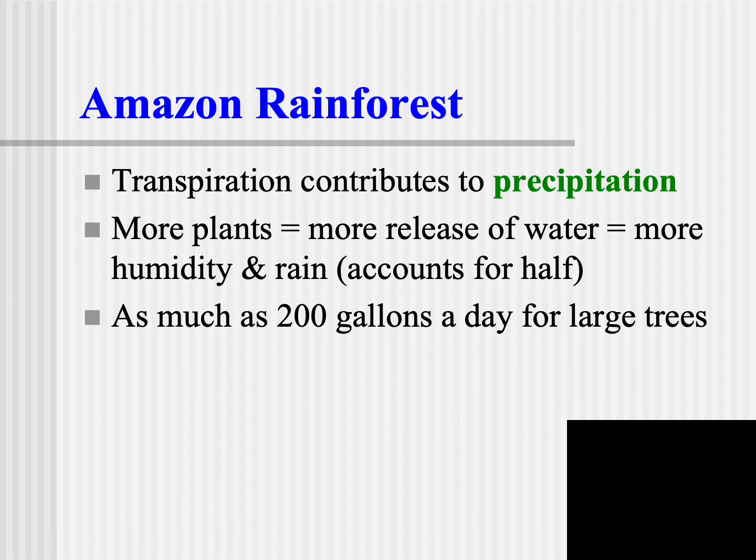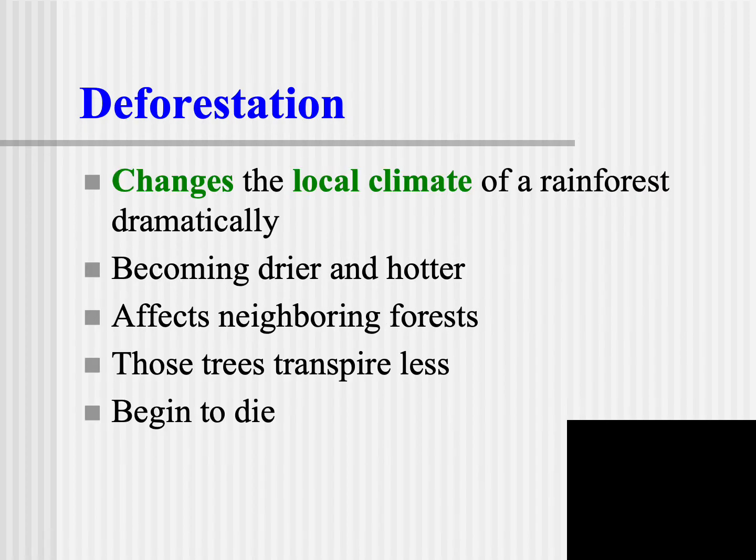And so having lots and lots of big trees, lots of plants, lots of greenery allows for higher amounts of transpiration and thus higher amounts of rain or precipitation. One tree, a big tree, can release as much as 200 gallons of water a day.